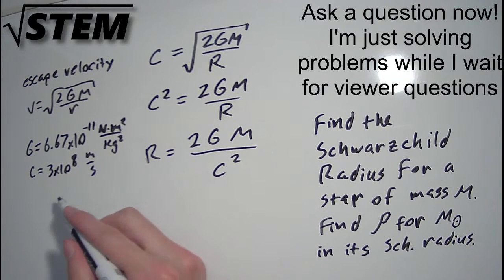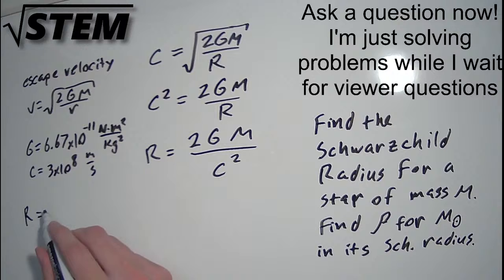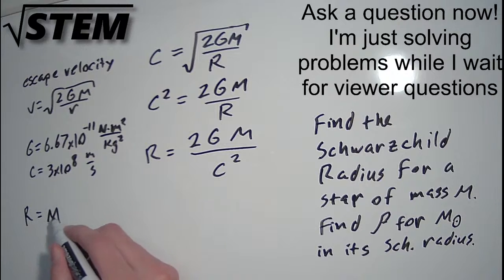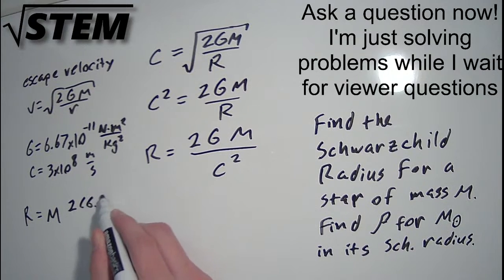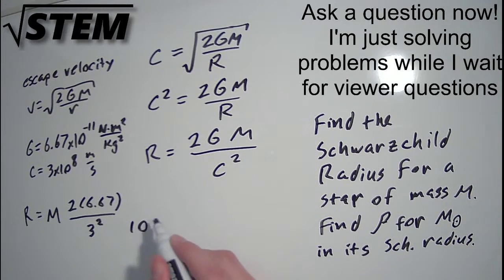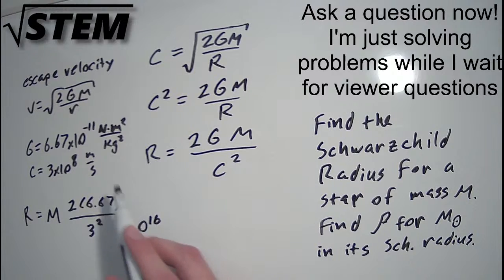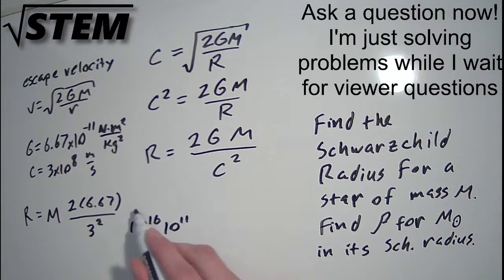So this will be m times 2 times 6.67 divided by, I'll say, 3 squared. Then we have 10 to the 8th times 2, so 10 to the 16th on the bottom, and a 10 to the negative 11 on top, which would be 10 to the positive 11 on the bottom.